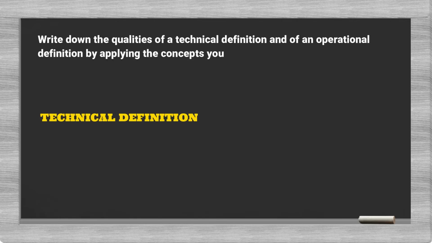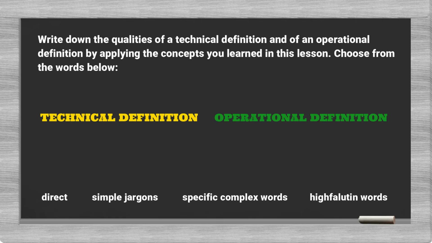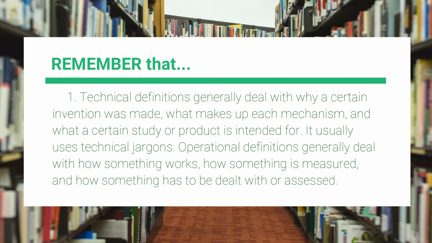This time, write down the qualities of a technical definition and of an operational definition by applying the concepts you learned in this lesson. Choose from the words below. Remember that technical definitions generally deal with why a certain invention was made, what makes up each mechanism, and what a certain study or product is intended for.